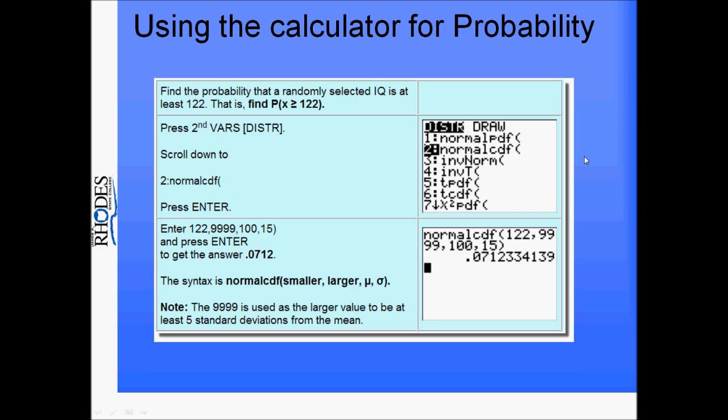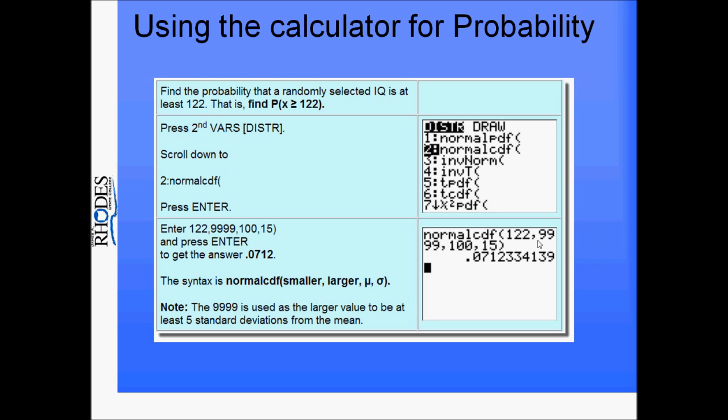Because it says at least, the smallest number is 122, so that's your left bound. Then your right bound goes to positive infinity. Positive infinity is typed in as 1E99, or you can type in as they do 9,999.